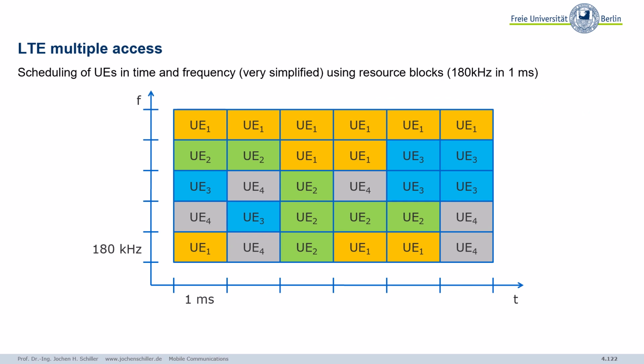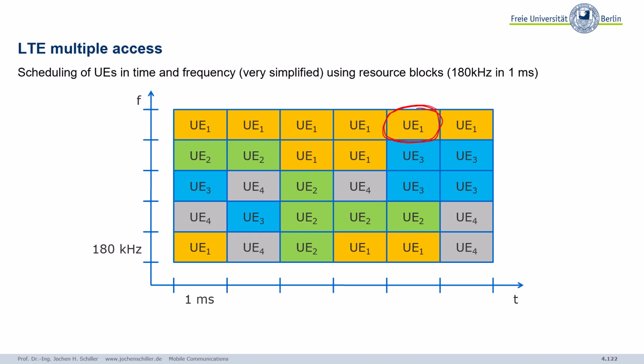Well, as I said, no more CDMA. Now scheduling of the different user equipment is in time and frequency. And this is a very, very simplified figure showing you this. So LTE knows certain resource blocks. A resource block is a part of a spectrum for a certain amount of time.